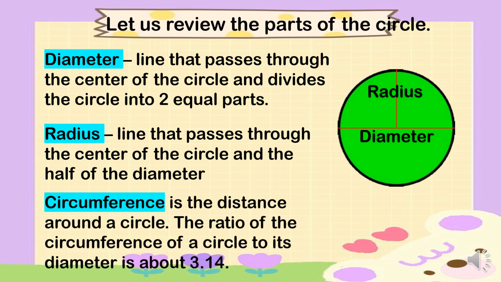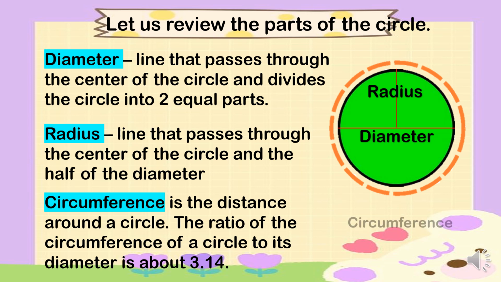Next, we have the distance around the circle. The ratio of the circumference of a circle to its diameter is about 3.14, and we call that the circumference.